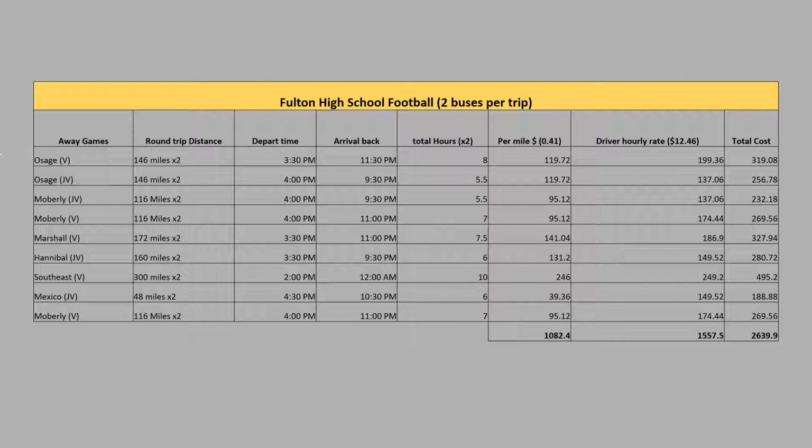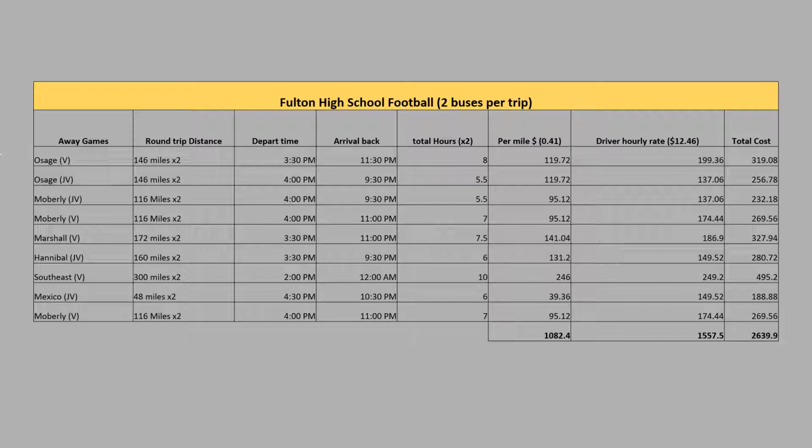This also goes for the cost per mile. For instance, for this first one, 146 miles round trip, but I had to multiply that by 2. So it comes out to 292 round trip miles with 2 buses.